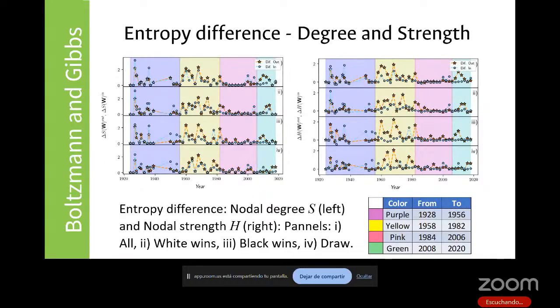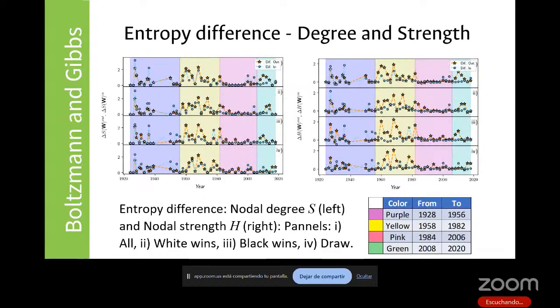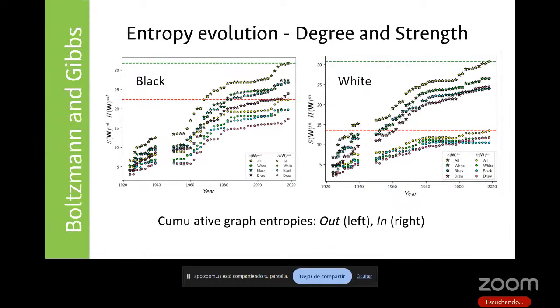So when you look at how the entropy would change with time, with each year, you can recognize, maybe I would go back, sorry, just one time. Look at these times. This is the first era. It would be like the beginning of the game. This part would be the Botvinnik era, which is the Russian or Soviet school of chess.